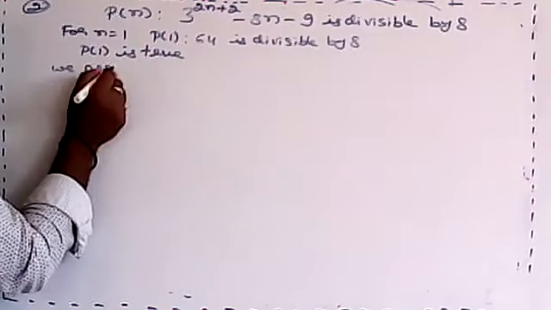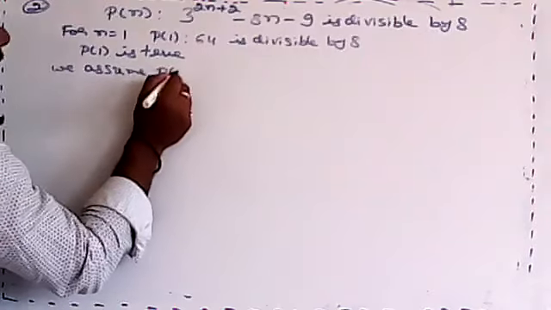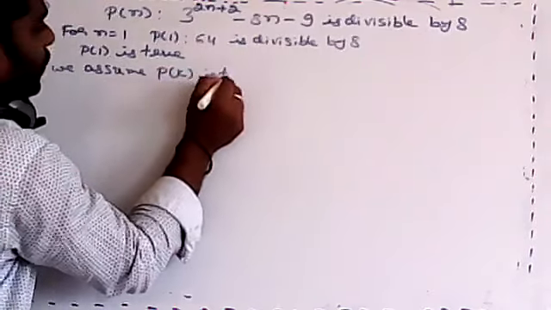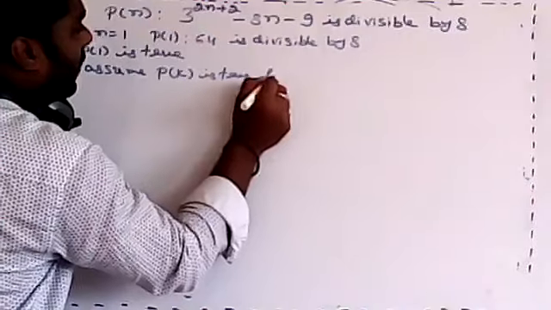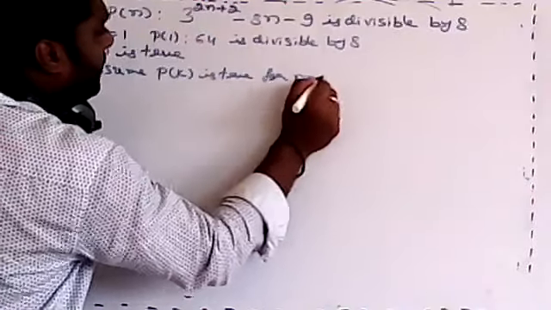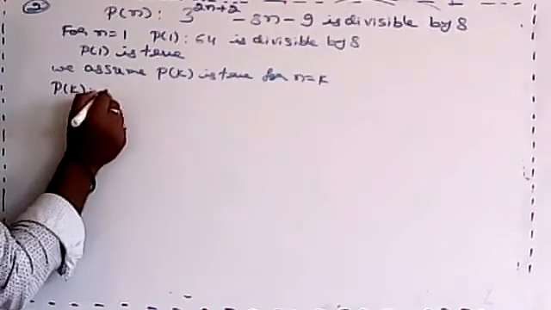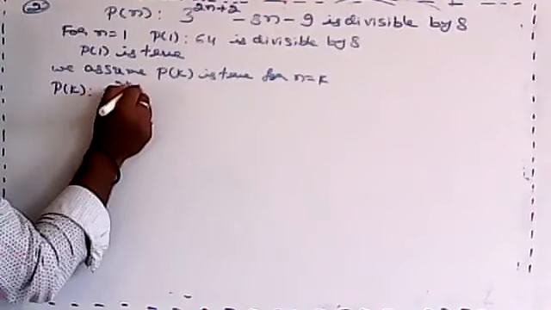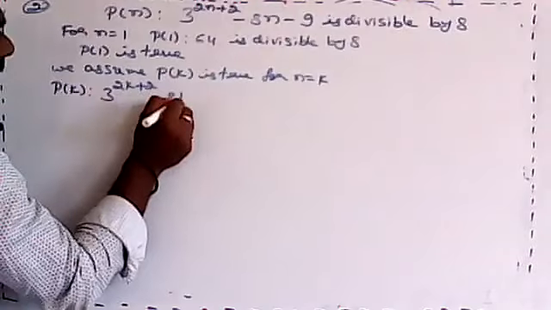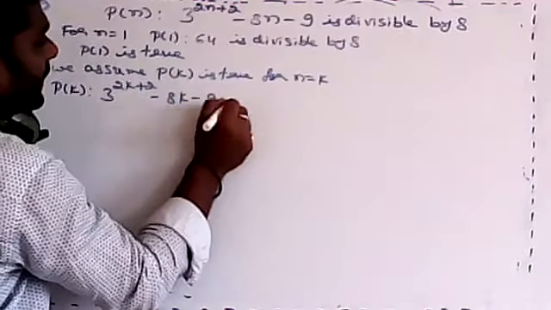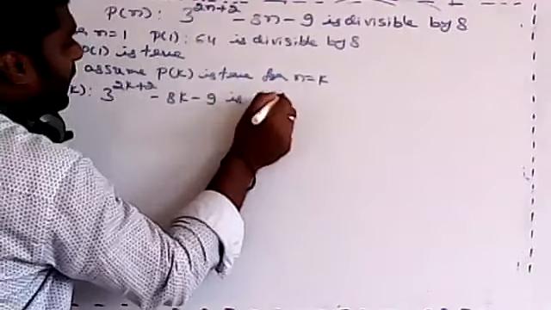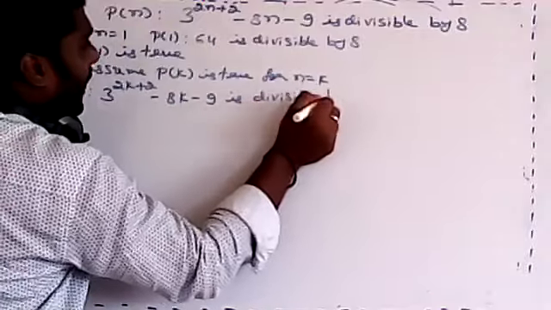Next, we assume P of k is true for n is equal to k. So P of k: 3 to the power of 2k plus 2 minus 8k minus 9 is divisible by 8.